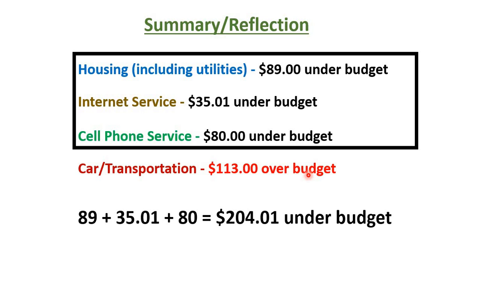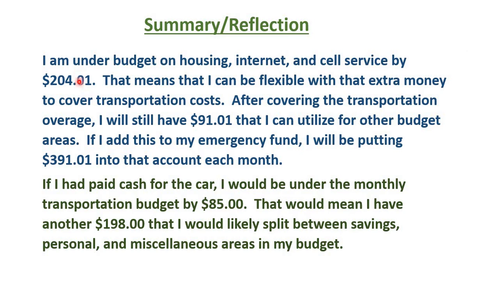So now let's reflect upon that information right there. And so I made note. I was $204 under budget on those. What does that mean? It means that I had some money to be able to cover that extra for the transportation based on being under budget there. And even after taking care of that transportation amount, I still had $91.01 that I was under my budget.